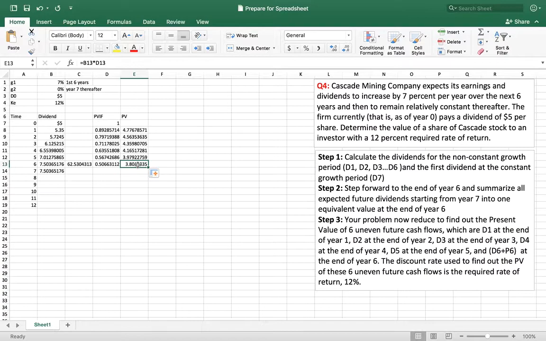Consequently, I revise the formula in cell E13 by changing the first term of the formula to include P6.